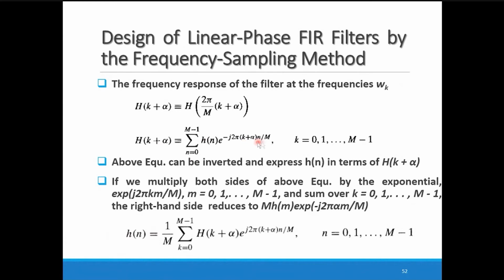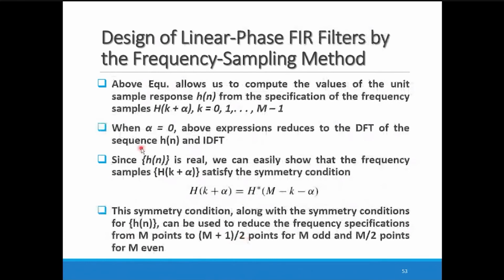So this equation converts to the equation of DFT. And for this particular equation, if you take α equal to 0, it converts to the equation of IDFT. So when we take α equal to 0, both equations are nothing but the DFT and IDFT equations.